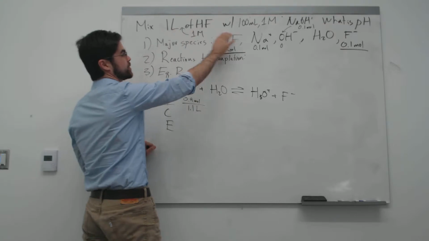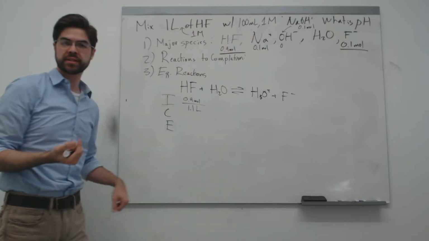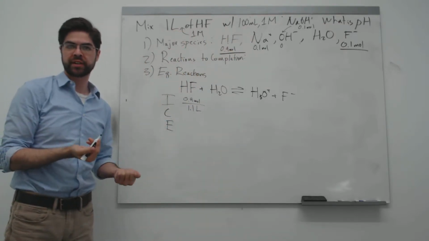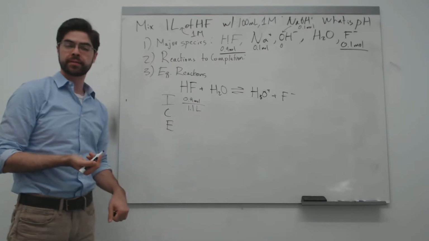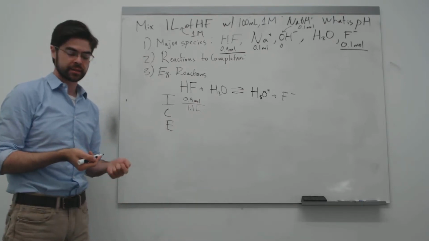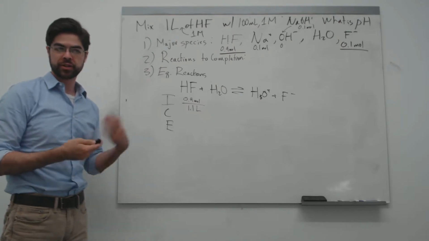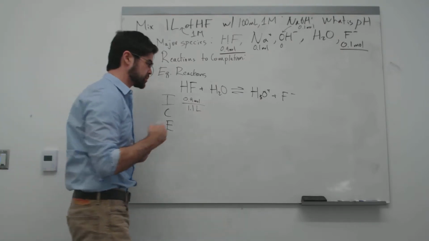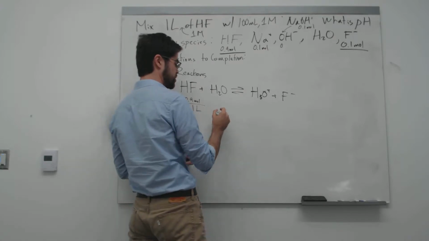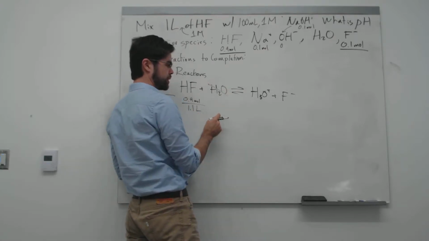Again, I've added together these two volumes, and your ICE box calculation should always be in terms of concentrations because you're going to end up sticking them into an equilibrium constant expression, and the law of mass action equilibrium expressions are expressed in terms of concentration. So we need to convert this to a concentration. We don't worry about water, it's a liquid.